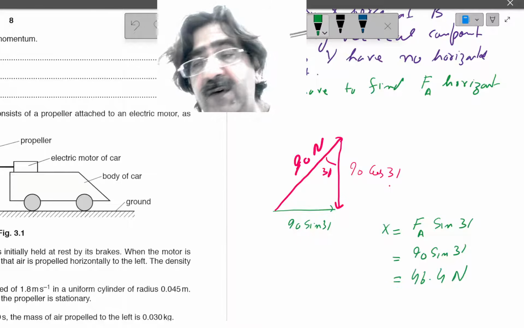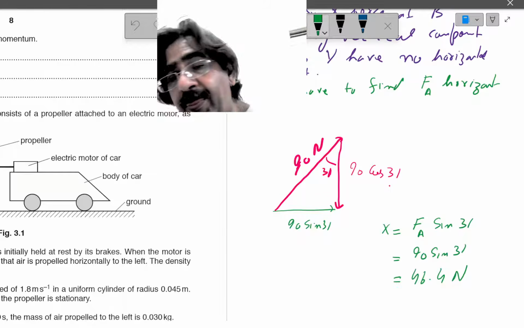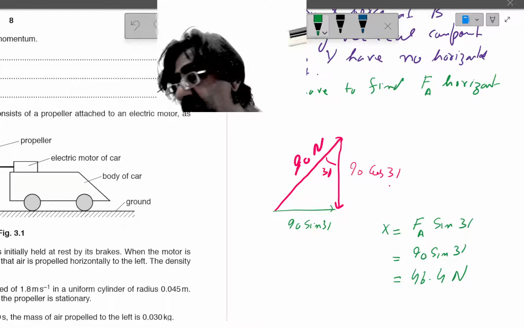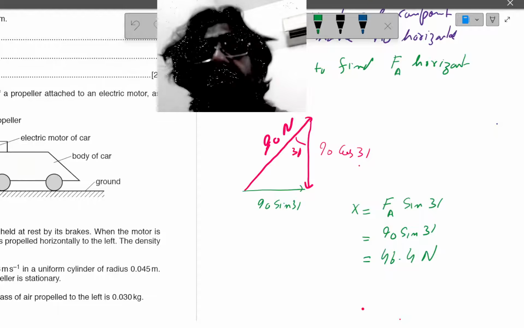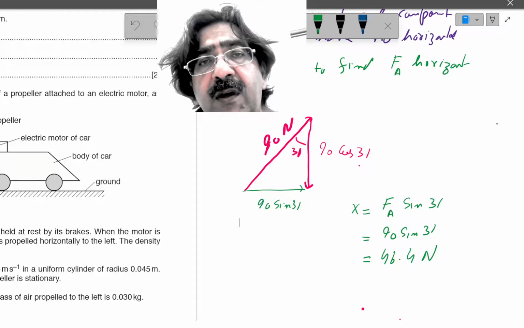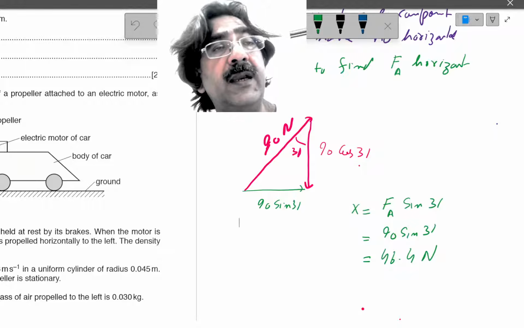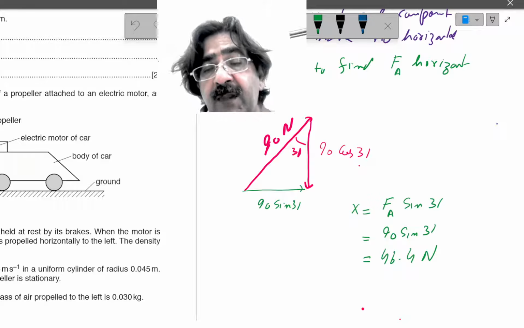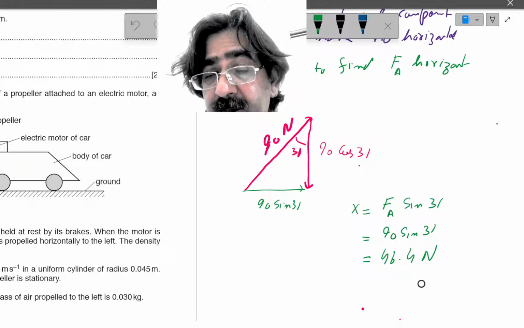Okay, so that will be our final answer. So 46.4 Newton will be the x component of the force. Okay, so this will be your answer.